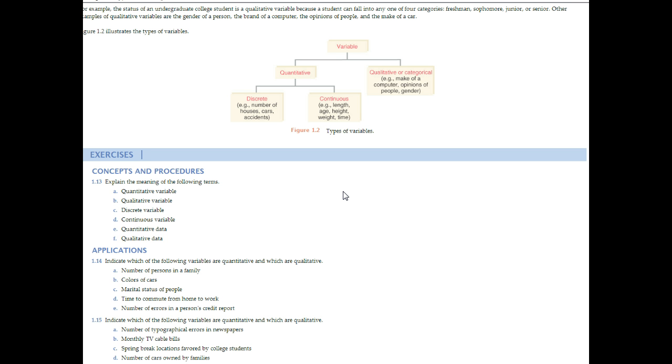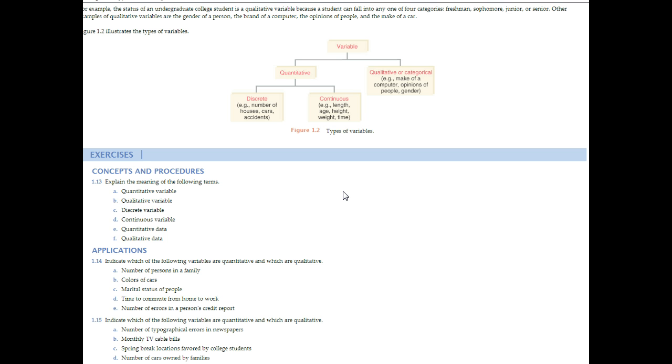And then within the quantitative category, we distinguish between 2 types. So what are those called? Discrete and continuous, right? So again, there's some things you can do with continuous that you can't do with discrete and vice versa.